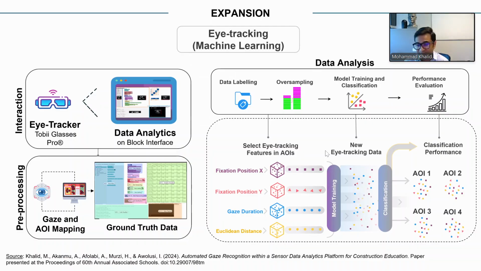Basically, when the users were using these platforms, we collected all this eye tracking data, and we trained various machine learning models so that they can detect exactly where you are looking. So if you follow my pointer, let's say that you are looking here right now.